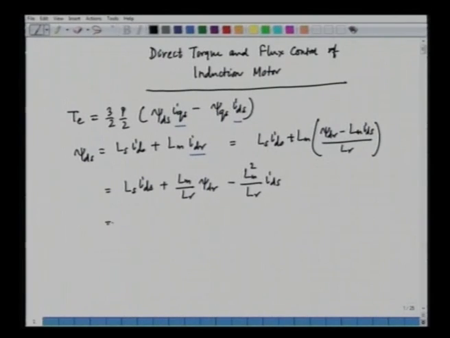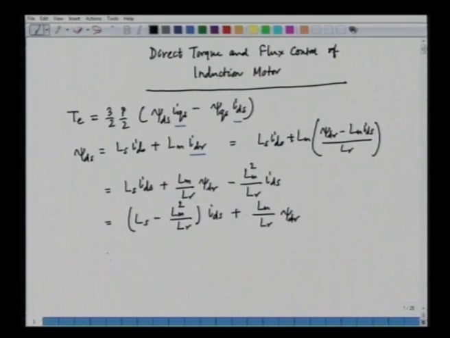If we simplify this, we can take this IDS common here, Lm square by Lr into IDS plus Lm by Lr into psi dr. So this is the expression for psi ds.